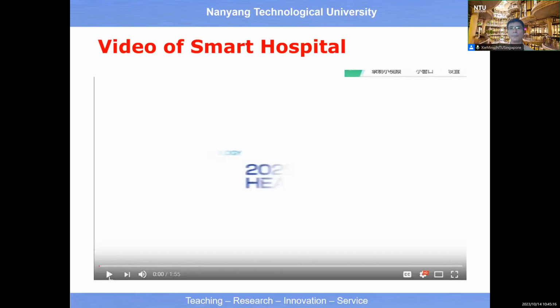Okay, this should be good enough for you to understand the AI integrated equipment, the AI integrated system will make a future hospital smarter, right? And this will empower doctors to undertake operations locally, and also empower the manager of the hospital to manage the operation or activity of a hospital more efficiently.